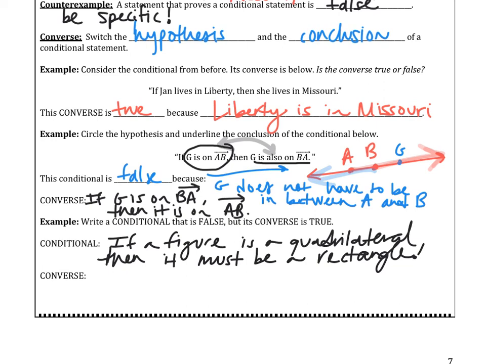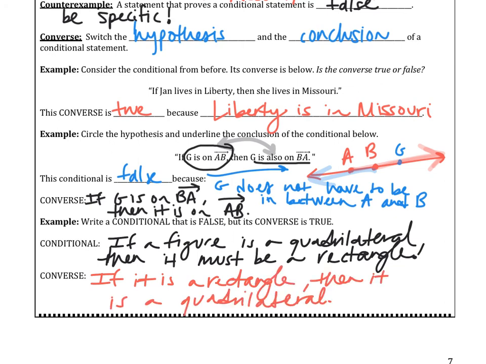And the converse of that, if you flip it around, so reverse the order, if it's a rectangle, then it is a quadrilateral. That's true, because to be a rectangle, you have to have 4 sides. So if you are a rectangle, it automatically has 4 sides. So this is the one where the conditional is false, but the converse is true.